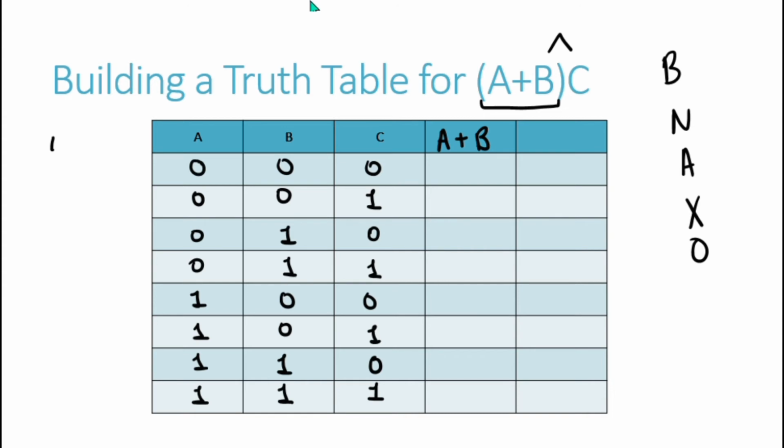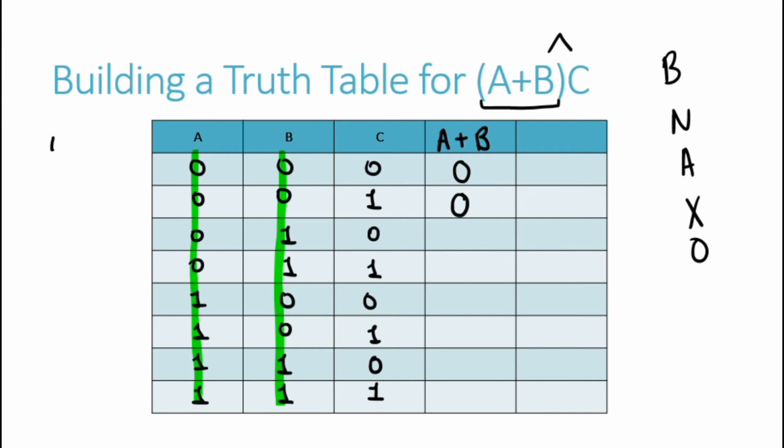I'm going to highlight the things that are going in just to make it a little easier. And I'm just going to look down those columns, doing the operation in each row. For my first row, 0 plus 0, answer is 0. Second row, same.